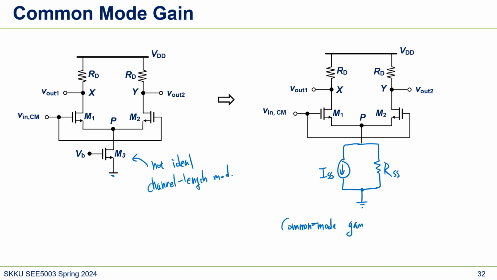The common mode gain becomes larger than 0 due to finite RSS, which is the output resistance of M3.